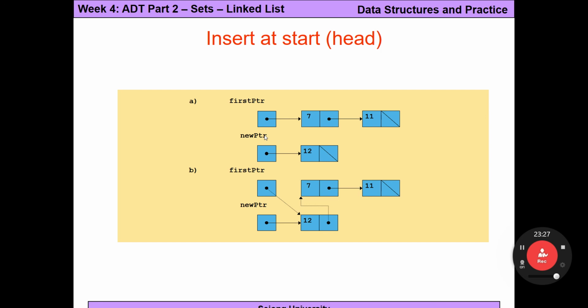If I say that new pointer's next pointer is equal to first pointer, then in the new pointer, the next will be pointing towards the first pointer, as you can see here.